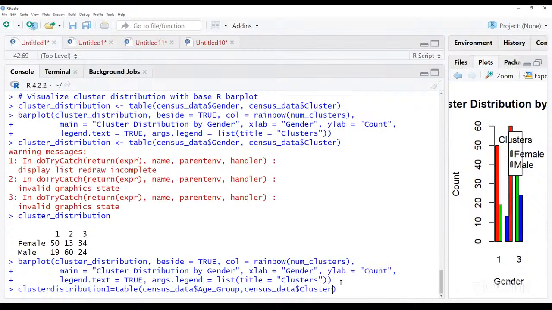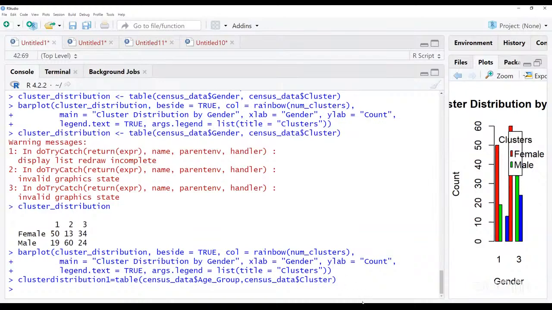Then enter. Then you write down cluster distribution 1. Enter.